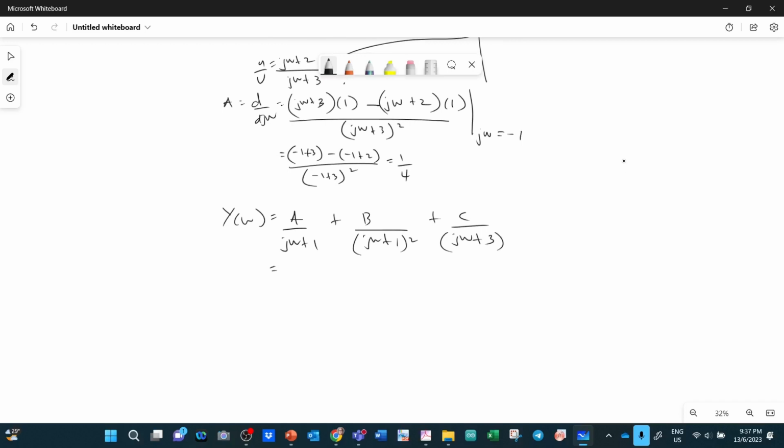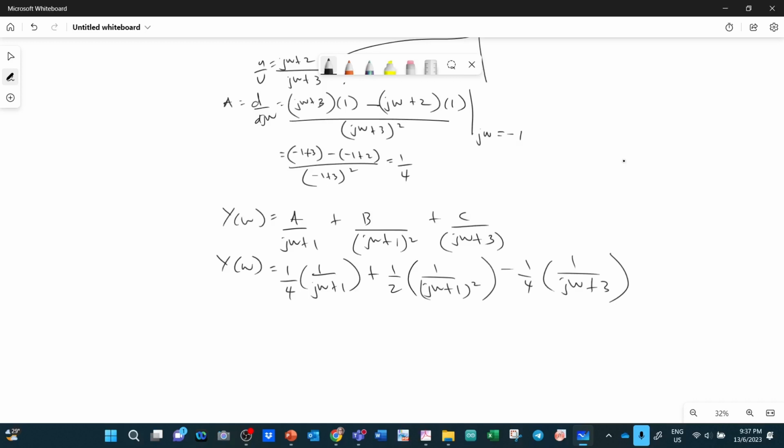So substitute the value for A just now, which was 1 over 4: 1 over 4 times 1 over (jω+1), plus B is 1 over 2 times 1 over (jω+1) squared, plus C is minus 1 over 4 times 1 over (jω+3). So this is the answer for Y(jω).